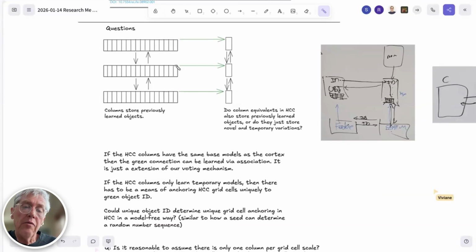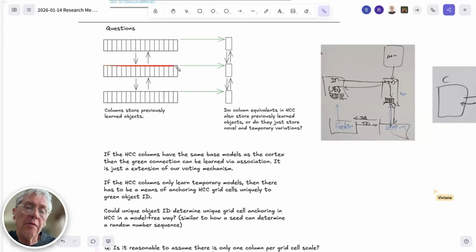Well, it's possible that whatever mechanism is able to invoke the correct model reference frame here is not associative learning, right? I'm not taking a pattern here and a pattern here and associatively learning it. I'm taking a pattern here and forcing a reference frame here. That same thing could be happening here.